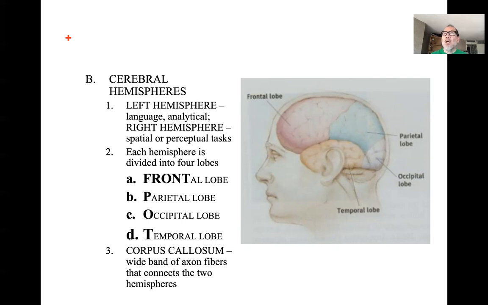Alrighty. But those are all big generalities, with left-handed people being kind of flipped as a general matter, or they tend to be more evenly distributed.